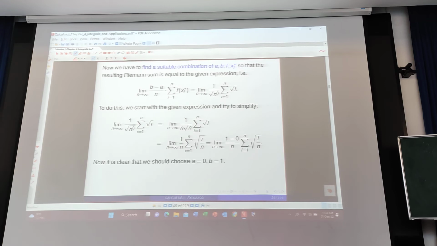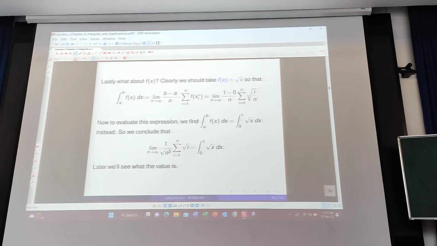So we have 0 to 1 right end point, and f(x) is square root of x. Vậy thì cái limit này chính là integral của căn x dx. Và căn x dx thì ta biết sau này ta sẽ học cái phương pháp đấy là Newton-Leibniz thì nó ra gì? Không, it is done.